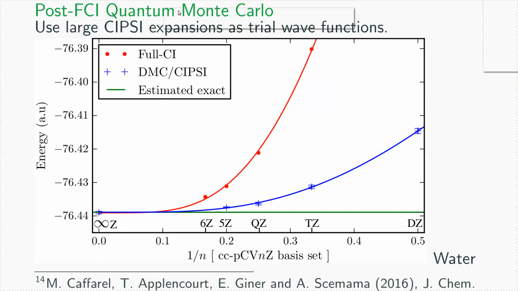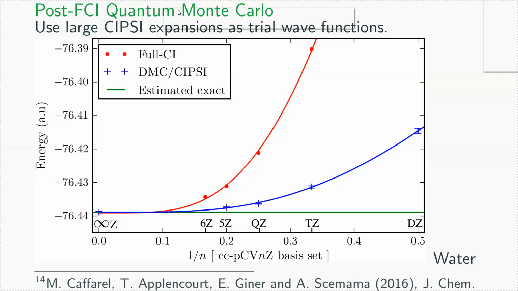This is what they do. And now, what you see here, of course, is the DMC calculation, the energy obtained with a DMC calculation, with a trial wave function, which has basically the nodes of this full CI wave function. So the nodes are fixed. So the nodes of the full CI solution.